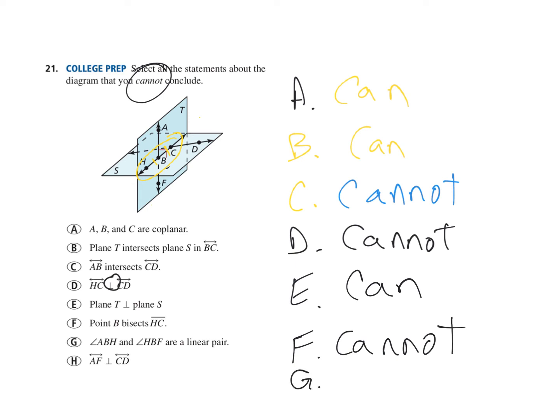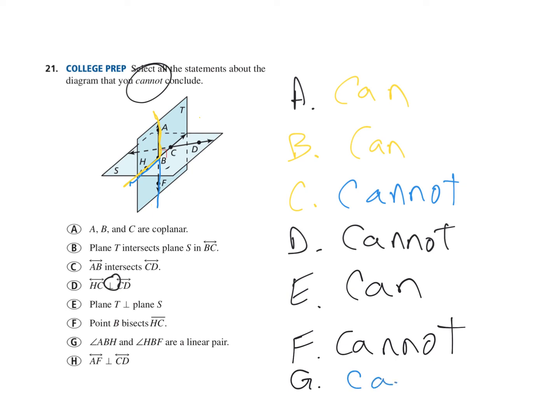G is angle ABH. So let's take a look here. Angle ABH is this angle right there. And angle HBF, and that would be going down this way, are a linear pair.